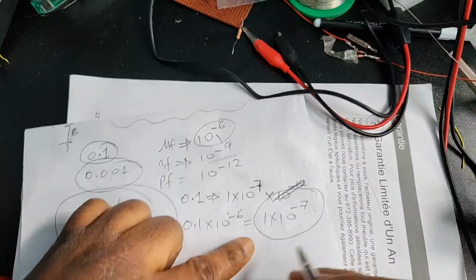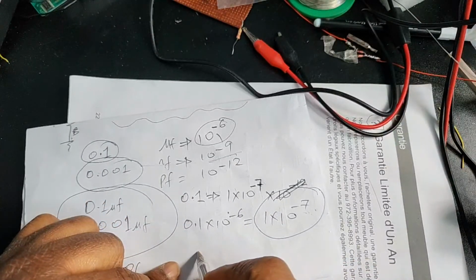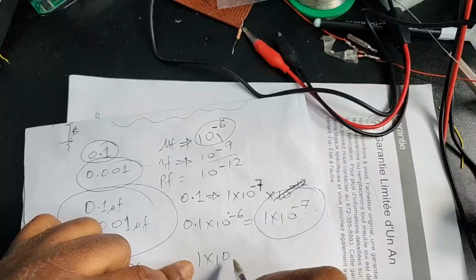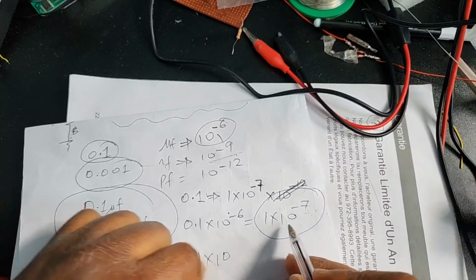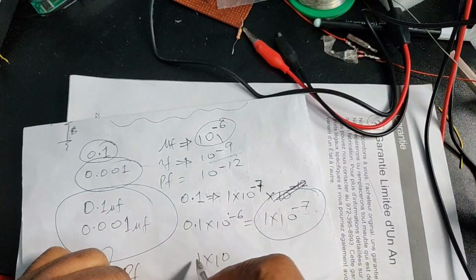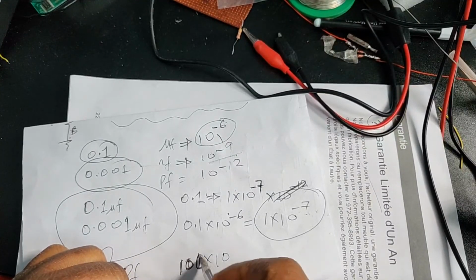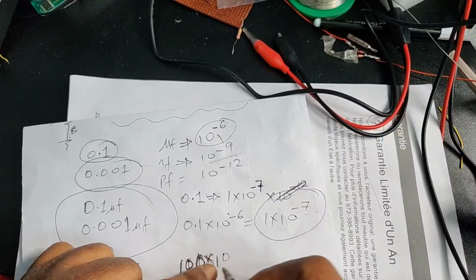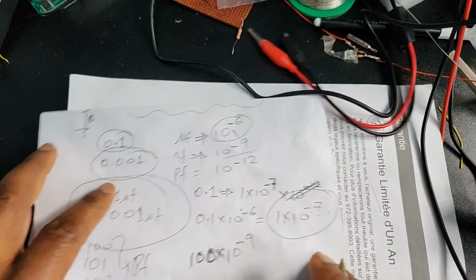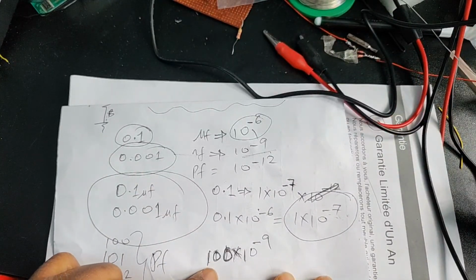So I can say this is the same thing as 1 times 10. Sorry, it's going to be 100 because I want to add 2 zeros. So it's going to be 100 times 10 raised to the power minus 9. This makes it standard. So let's go back.